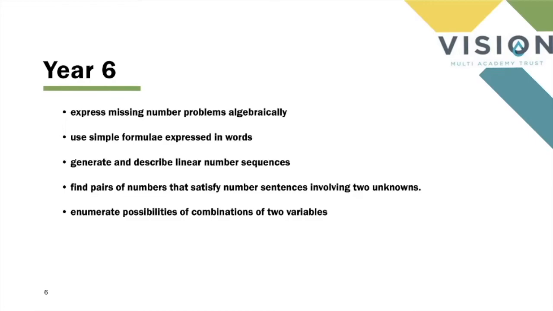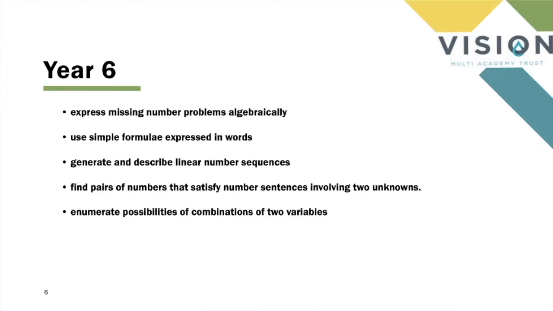Then they're looking at generating and describing linear number sequences. Again, this harks right back to the information that we've looked at in EYFS, and number sequences, number patterns, understanding what they are showing. Then having a look at finding pairs of numbers that satisfy number sentences involving two unknowns. So again, where you could have x equals y add z, it is then understanding that if x is 10, what could the y and the z be?